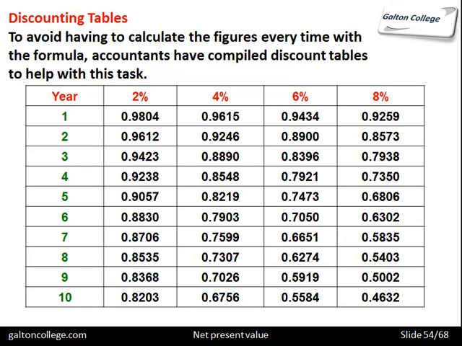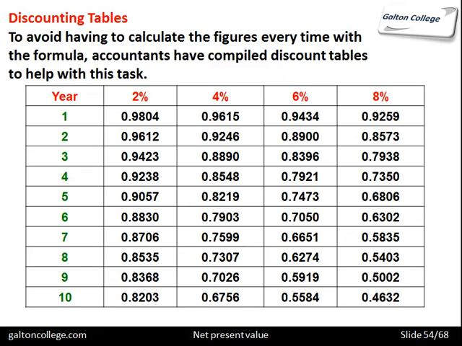So, for example, we have years on the left hand side from 1 to 10, and then we have representative rates of interest: 2, 4%, 6%, 8%. We could have 1, 2, 3, 4, 5, 6, 7, 8, 9, 10, and so on percent. They exist, but for this calculation we just took some representative ones.